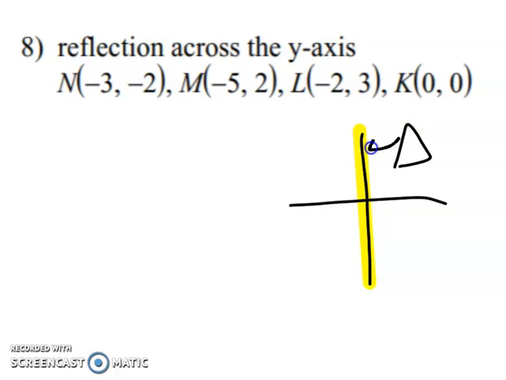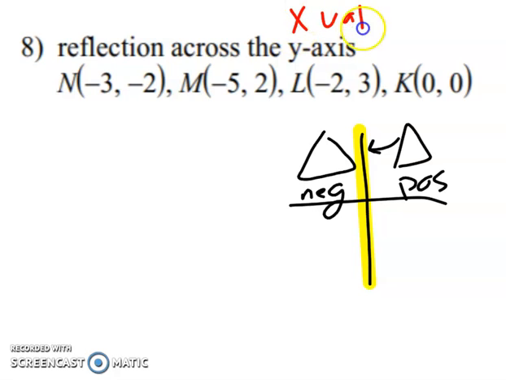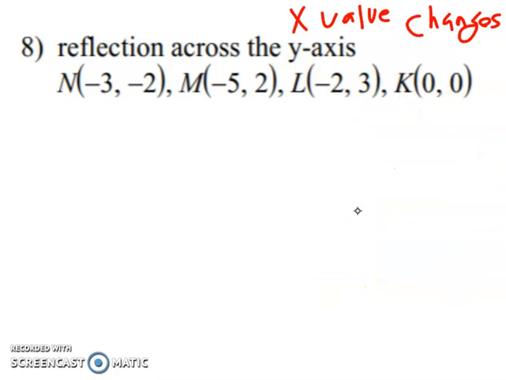When I reflect it over, notice that we're still staying in the positive y value, but my x value was positive over here. It's now negative. So the x value is going to change. So I'm going to write that. X value changes.